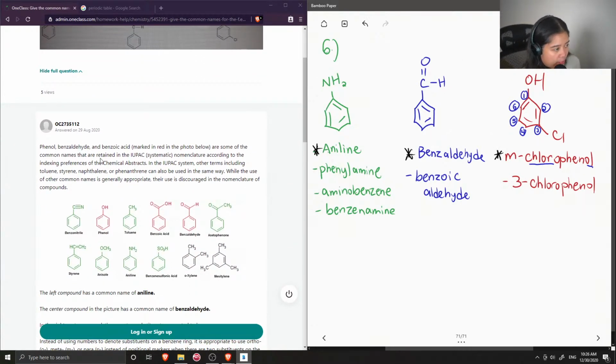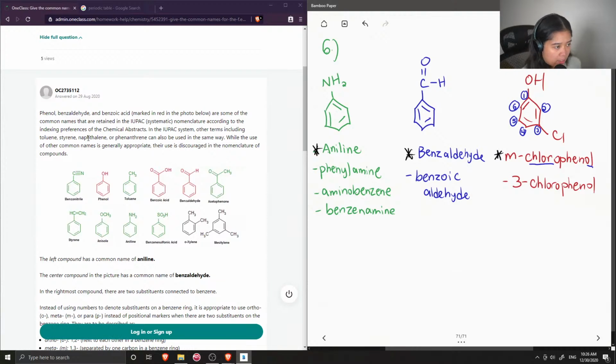Phenol, benzaldehyde, and benzoic acid, marked in the red photo, are some of the common names that are retained in the IUPAC nomenclature, according to the indexing prefix preferences of the Chemical Abstracts. In the IUPAC system, other terms including toluene, styrene, naphthalene, or phenanthrene can also be used in the same way.